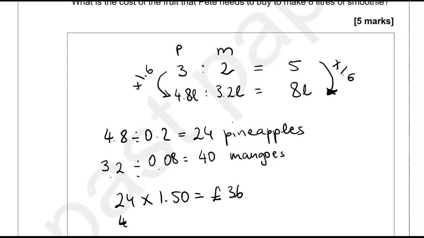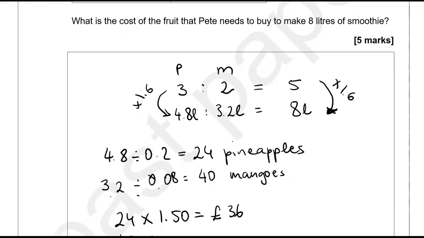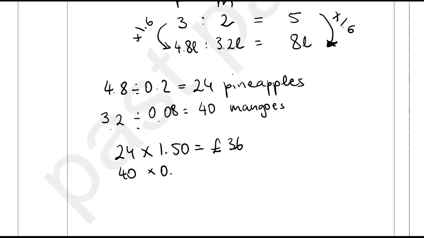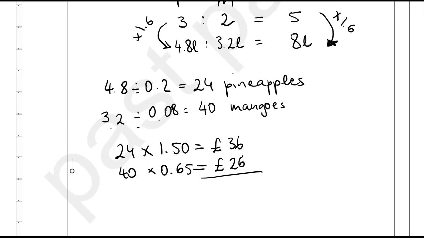We've got 40 mangoes, which we're going to multiply by 0.65, because each one of them costs 65p, and we get £26. So in total, that is £62.